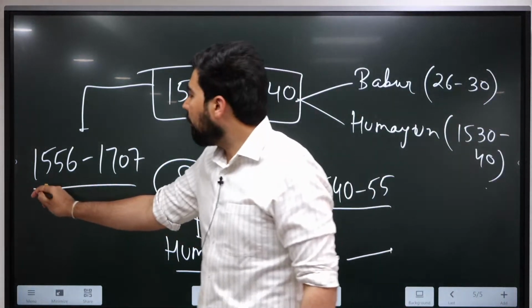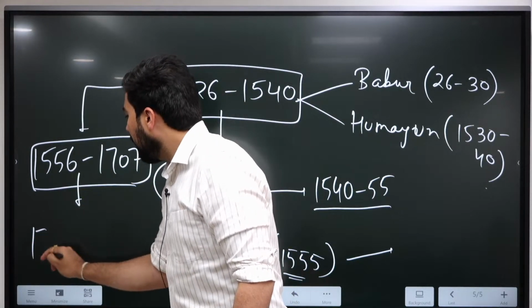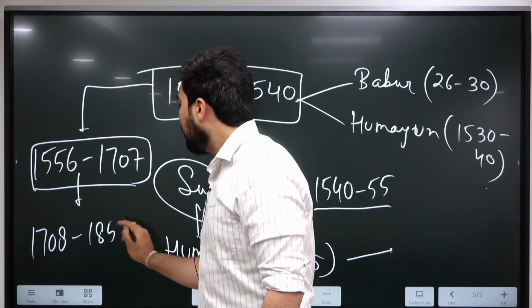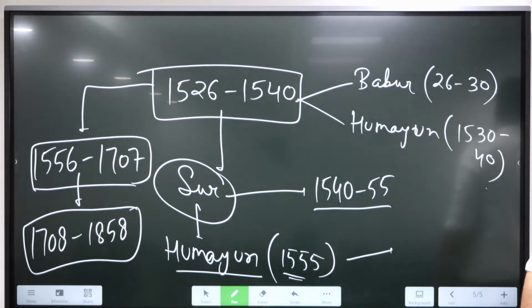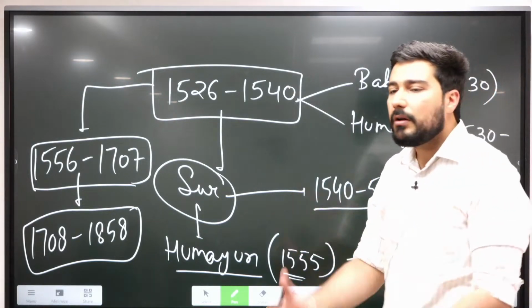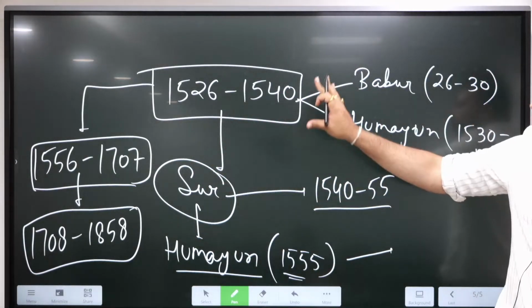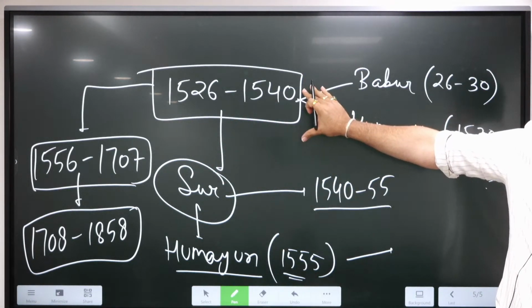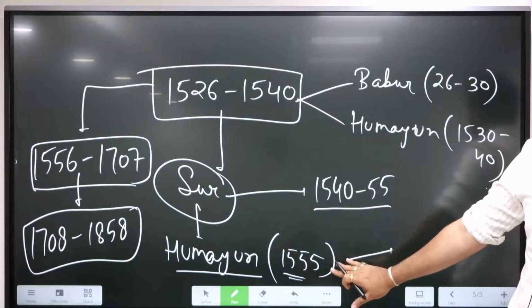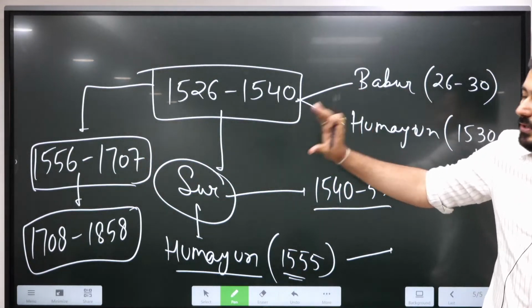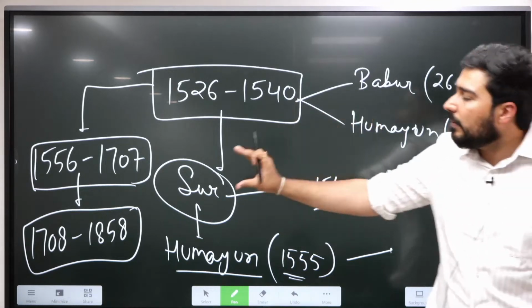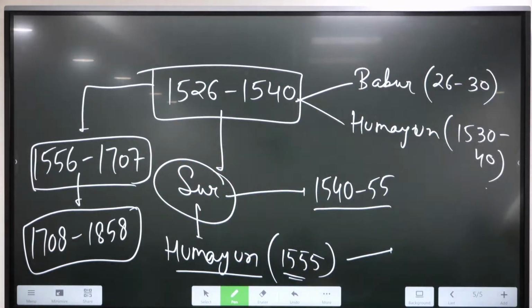And thereafter the third phase, roughly the lesser Mughals, till the last ruler, Bahadur Shah Zafar, who was sent to Rangoon and died there after the revolt of 1857, because he was the nominal leader of the revolt. So when we study the Mughal Empire, we have to understand this. This is the struggling phase. Somehow they were able to win it back by 1555, and eventually from 1556 to 1707 is the major part of the Mughals, and maximum questions come from this one specific area.